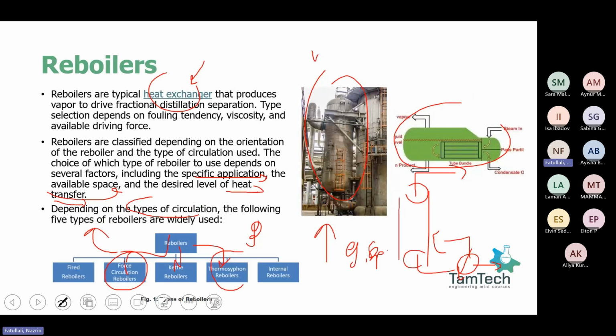Before moving on, I just want to ask a question about what is fouling. Who knows about fouling? Or let me ask randomly from the names. Let me ask Isa. Isa, what's the fouling issue in a heat exchanger?